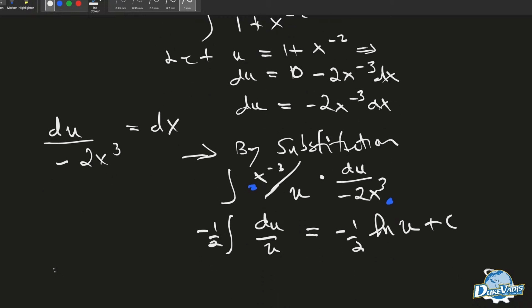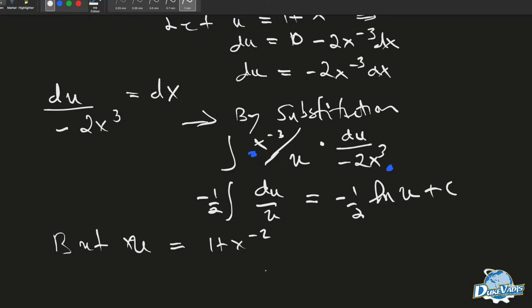But our u over here is given as 1 plus x raised to the power negative 2. So when we put it back into the equation, negative half integral du over u is given as minus half natural log of 1 plus x raised to the power negative 2 plus c.